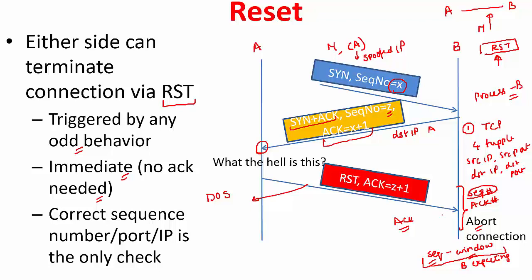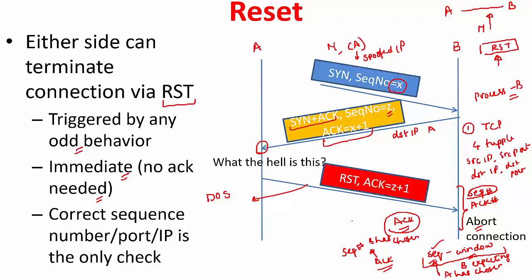That is one thing. This ACK field is acknowledging what packets B is sending. In other words, this refers to the sequence number that B has chosen. And this sequence number here refers to the sequence number A has chosen. Now this ACK value is not as important as this sequence number.